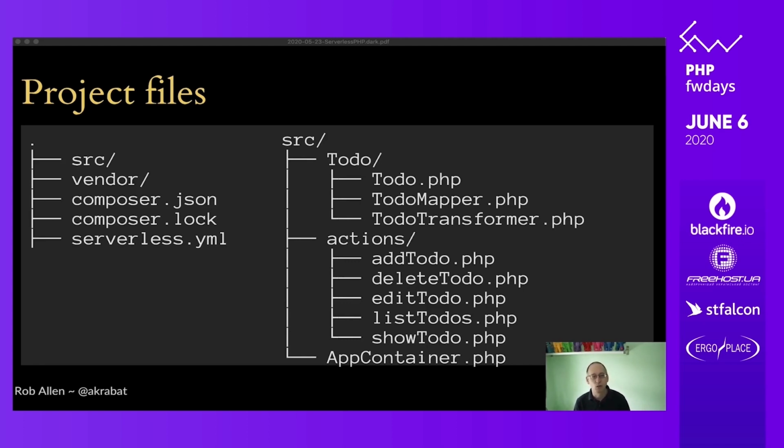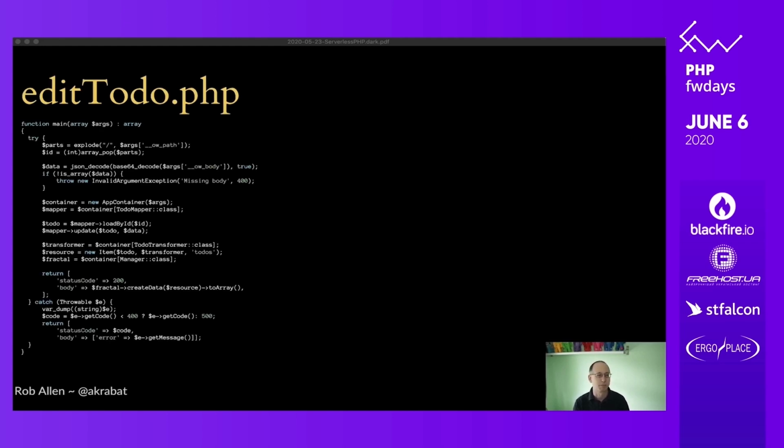So I've got an entity called a Todo. I've got a mapper and I've got a transformer. So all my domain logic is living inside my Todo namespace, autoloaded via Composer. And then I've got my actions in a separate folder where I've got add todo, delete, edit, etc. all sitting there. And finally, I'm going to use some DI on this project, so I've got my container as well. So just standard PHP at this point.